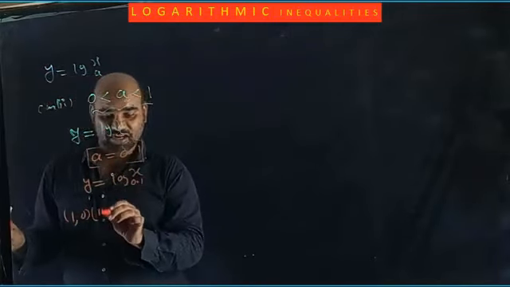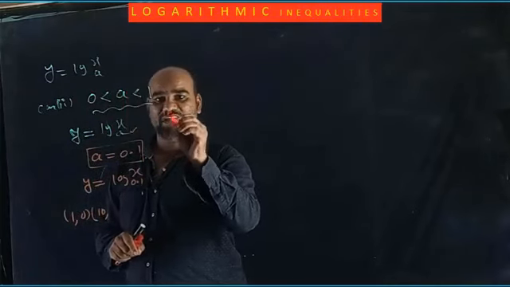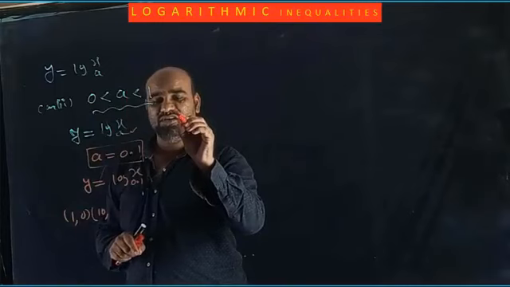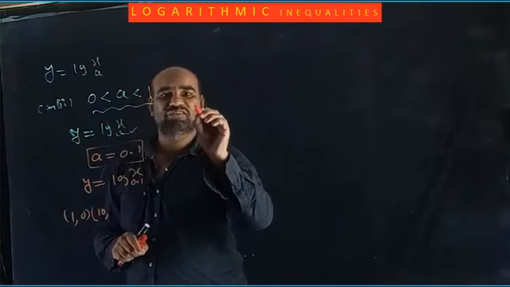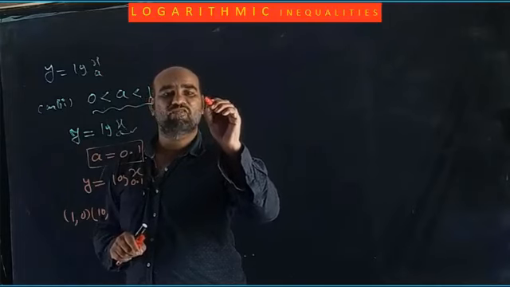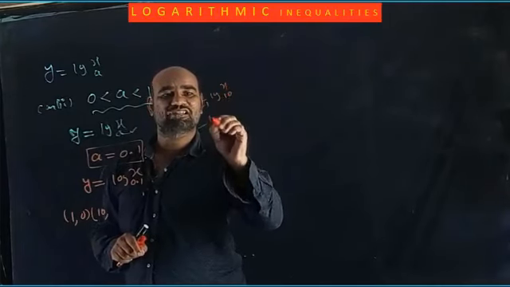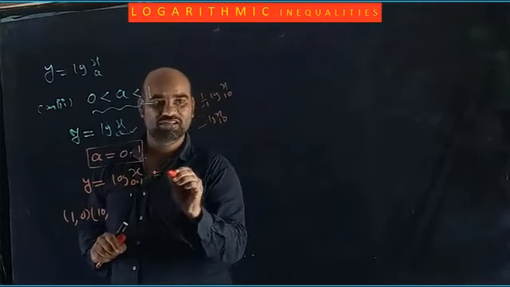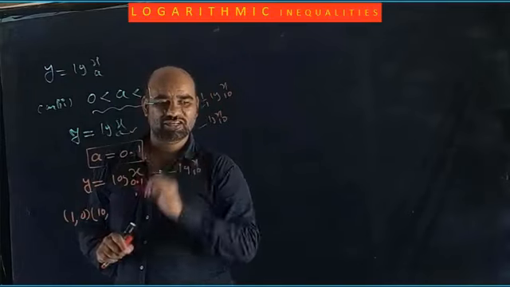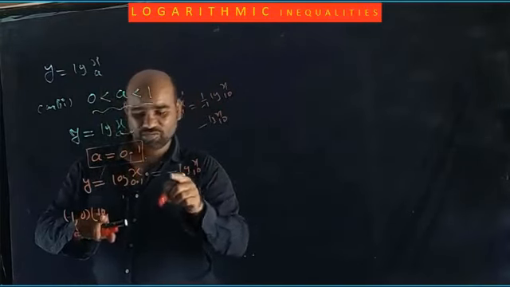X is 10. Observe, what is this actually? Logarithm of x to the base 1 by 10, that is 10 power minus 1, so it is 1 by minus 1 into log x base 10, which is minus log x base 10. That is not a big problem. X is taken as 10, we get minus 1.